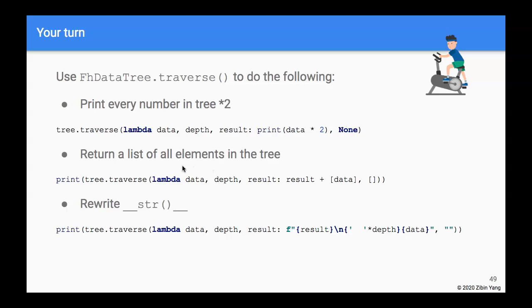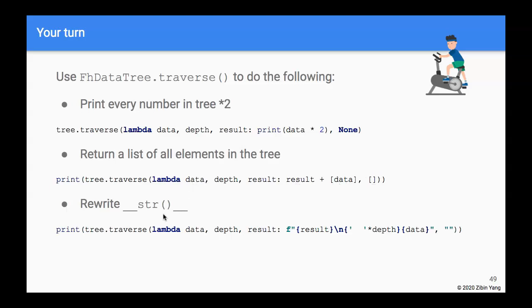Now, to return a list of all the elements, we basically can assume the result is always a list that we have accumulated of all the elements that have been visited so far, and then we can concatenate that list with a new list that just contains the data, and we'll start with an empty list.